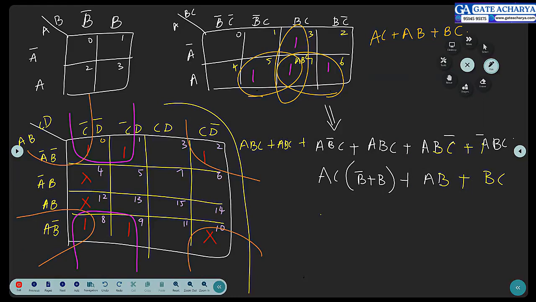How do you write common terms? By the way, what is the common term for all these corners? For all these corners, I see D bar is common. What else? And also B bar is common. And how about for these 4 cells? B bar is common. What else? C bar. What are the common terms in all these 4 cells?